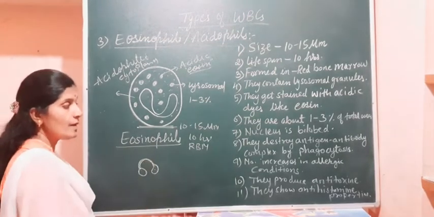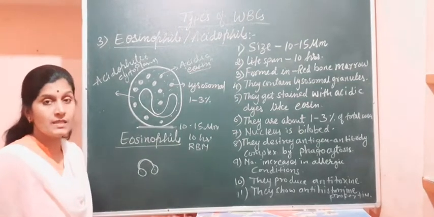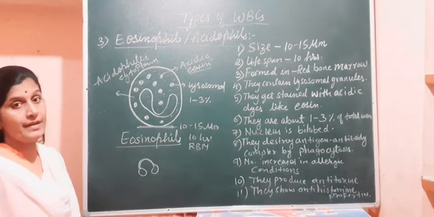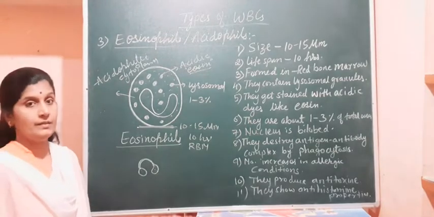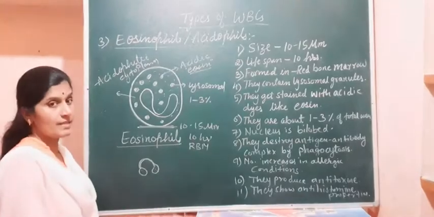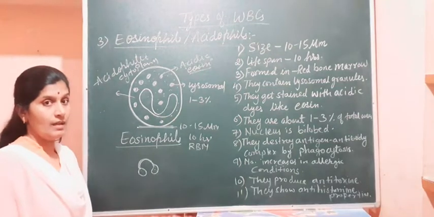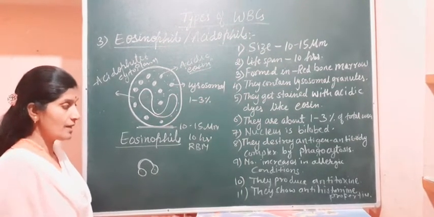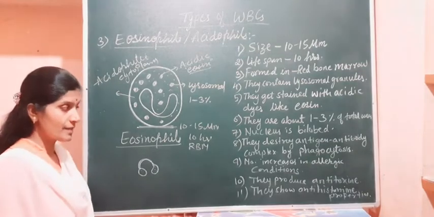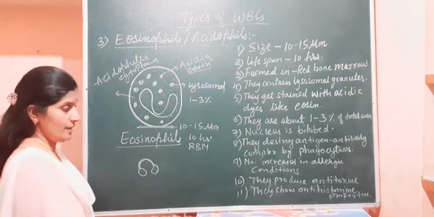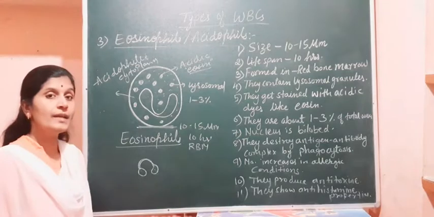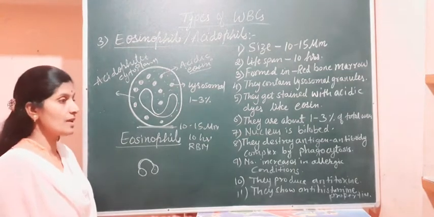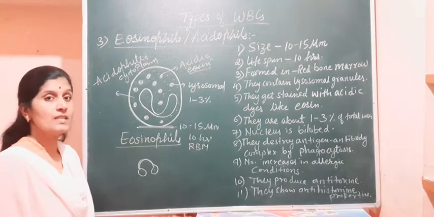So when the number of these cells increases in the body, it is because pathogens have entered the blood, especially parasite worms or helminths. To detoxify, they produce antitoxins, and to produce antitoxins more cells are required, so many cells are formed.